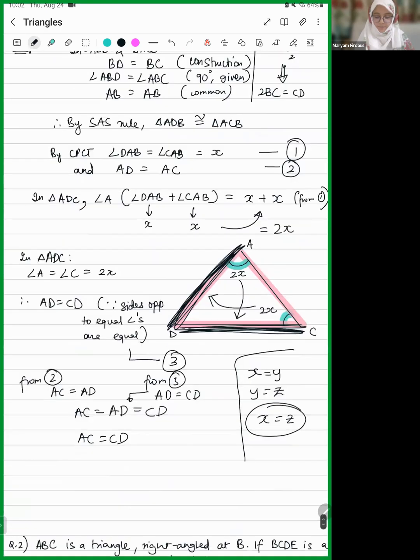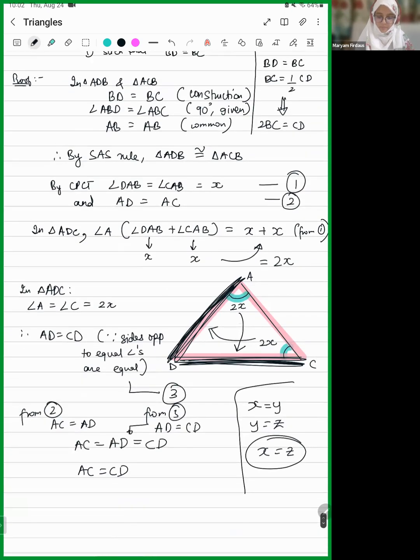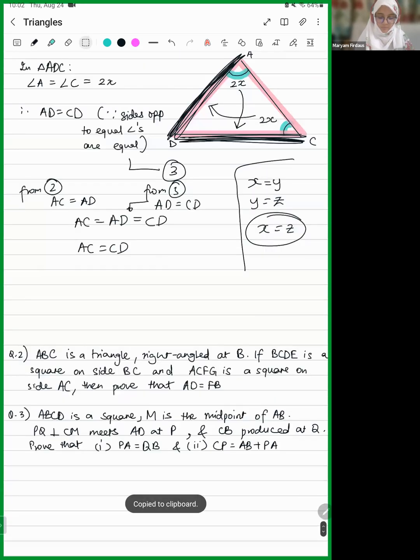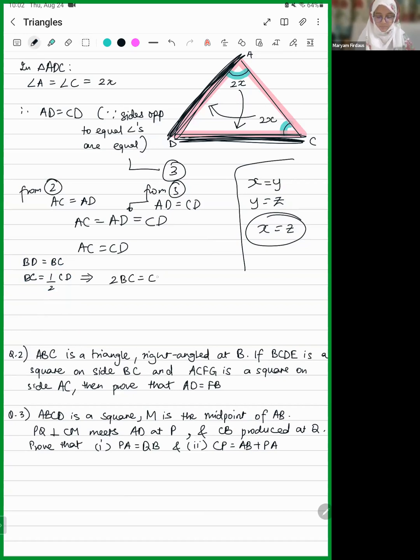So this thing we are going to write over here. So this is your equation 4 and this is your equation 5.